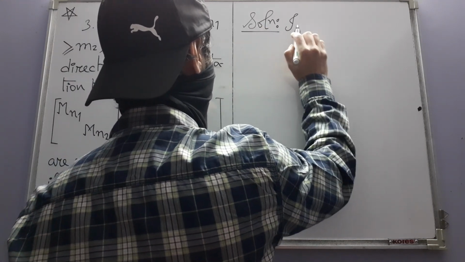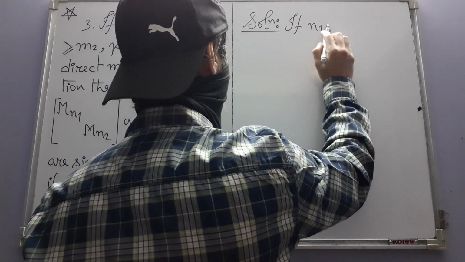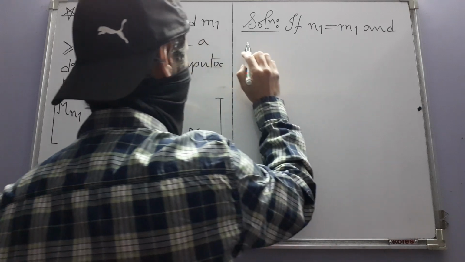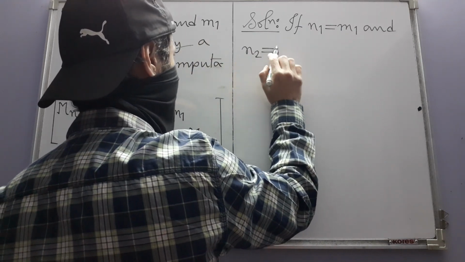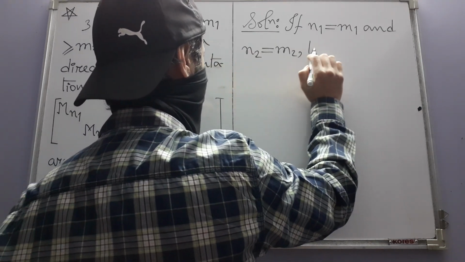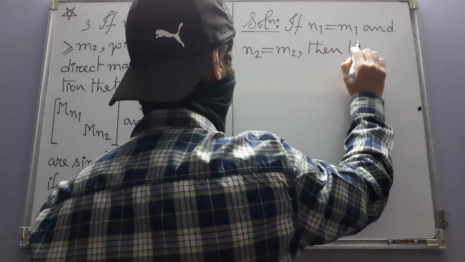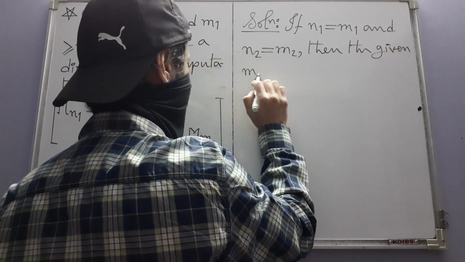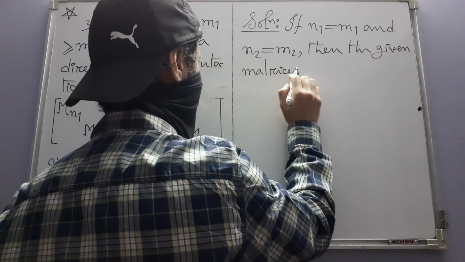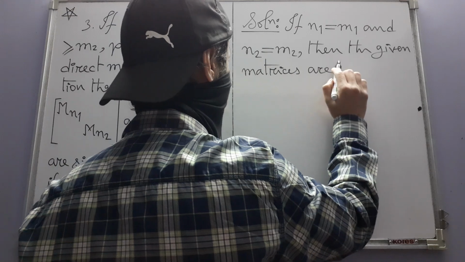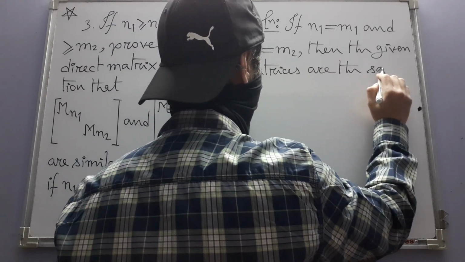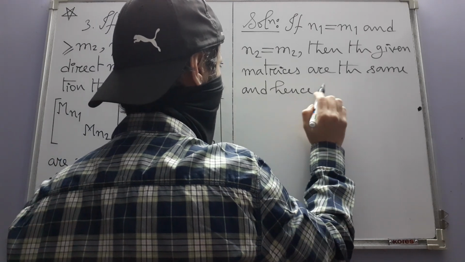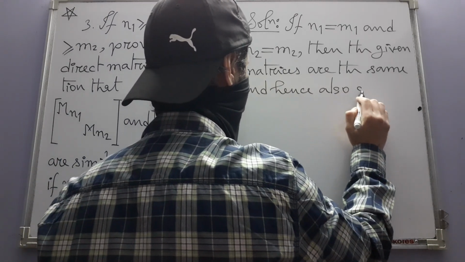If N1 is equal to M1 and N2 is equal to M2, then the given matrices are the same and hence also similar.